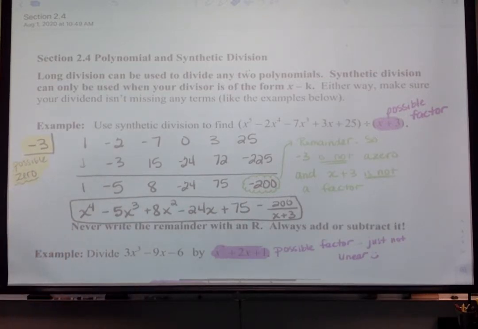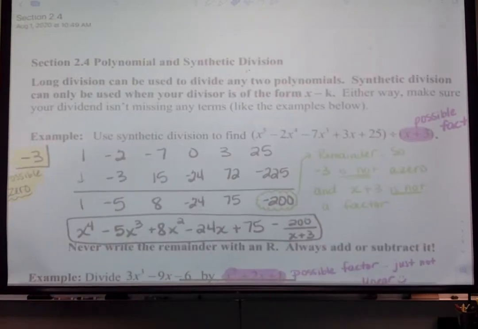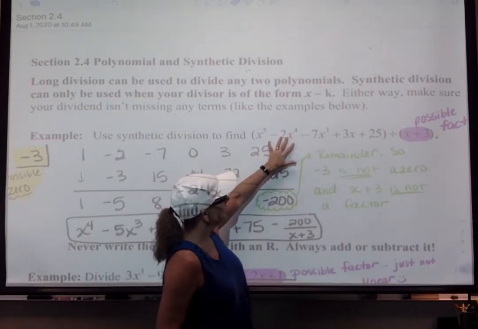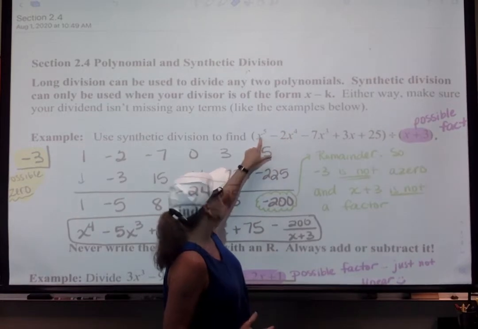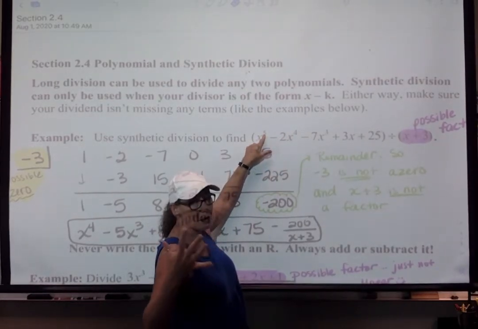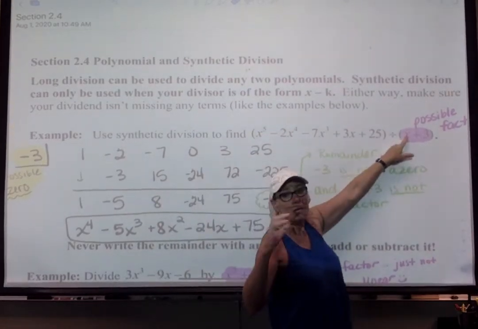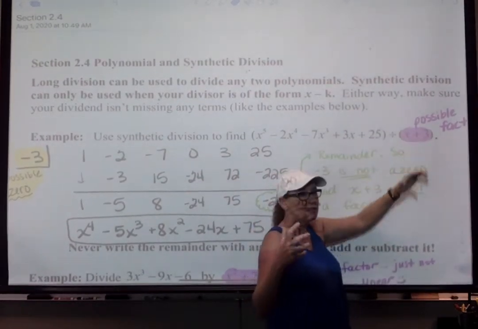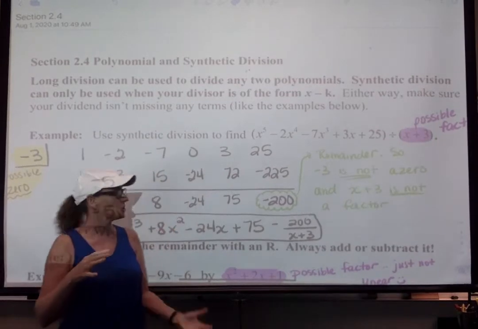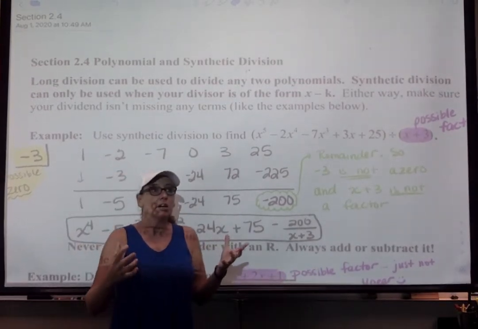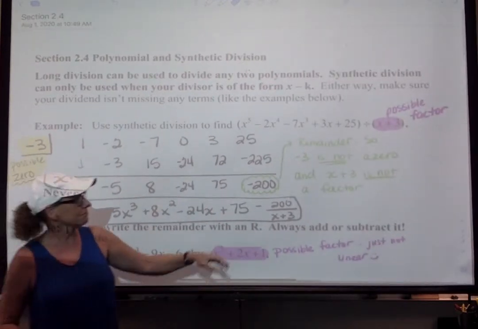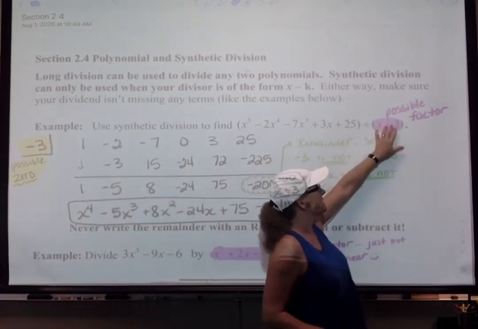All right, so the first problem in your notes tells you to use synthetic division to find the quotient when you take this 5th degree polynomial and you divide it by a 1 degree polynomial. Some things I want to point out just in the question itself. I want to make sure you're comfortable with some vocabulary. We're going to divide by this.